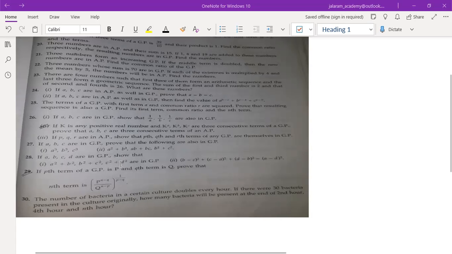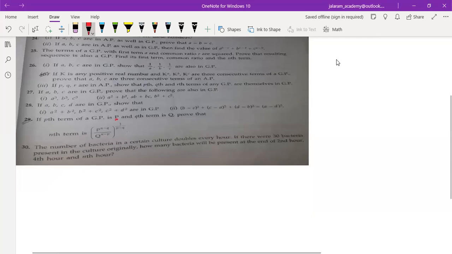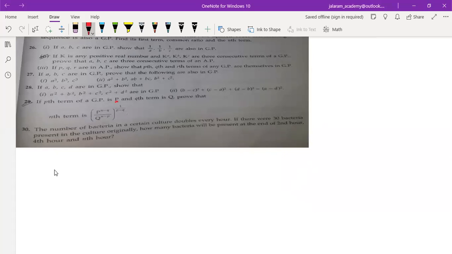If the pth term of a GP is capital P, it means the pth term, which we denote by a_p, is equal to capital P, and we know its formula is a into R to the power small p minus 1 equals capital P. So this is given.